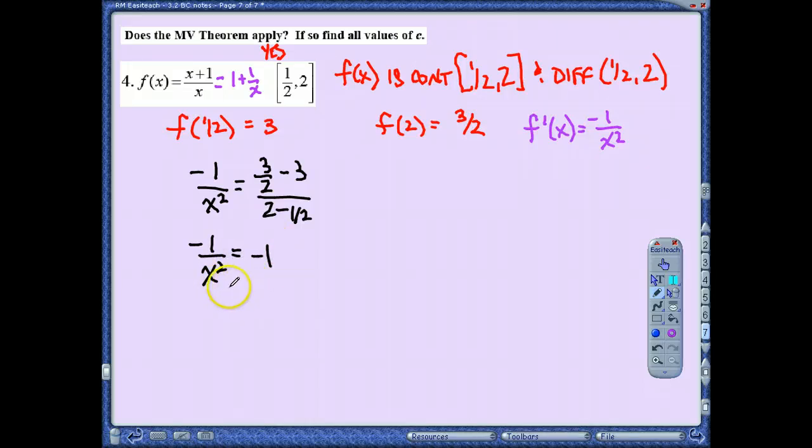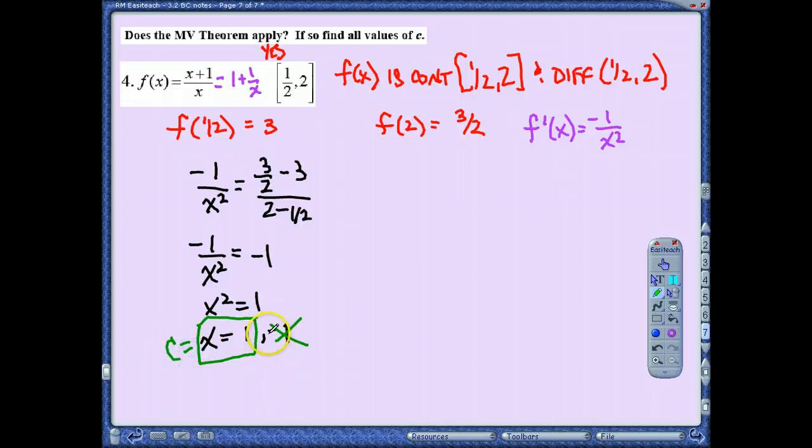So if you cross multiply, you're looking at where x squared is equal to 1. So our possibilities are at positive 1 and negative 1. Whoa, where did that 2 come from? Jeepers creepers. Okay, so positive 1 and negative 1, look up at your interval. Negative 1 isn't in the interval, so we have to cut it out. So this is our only C value.